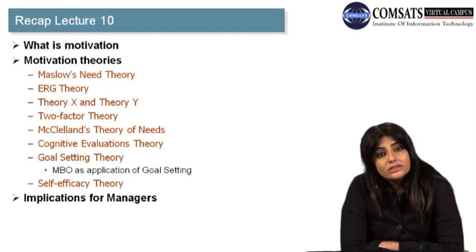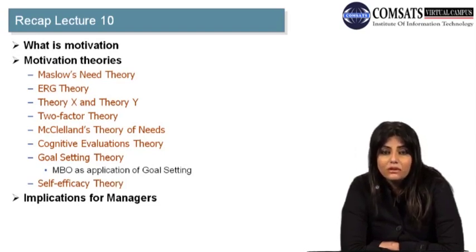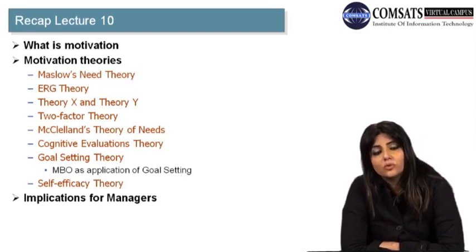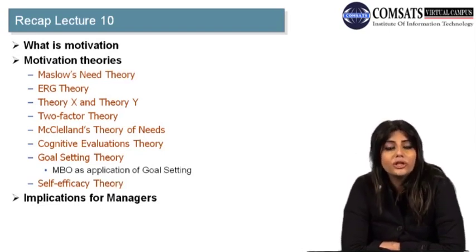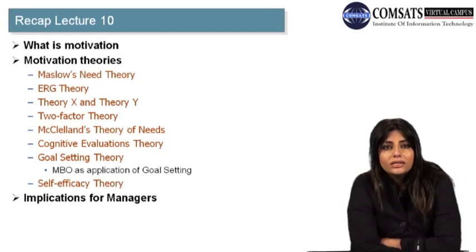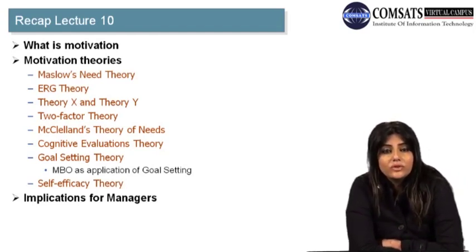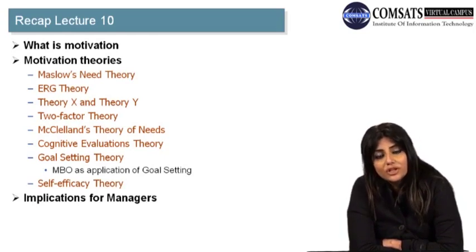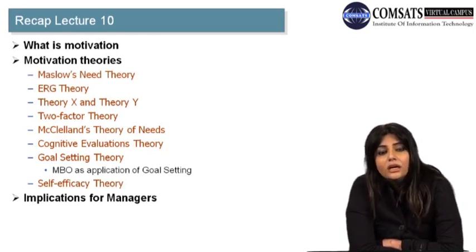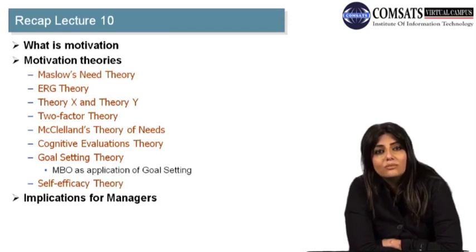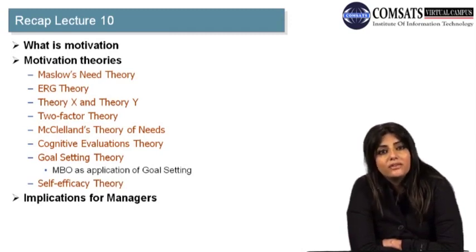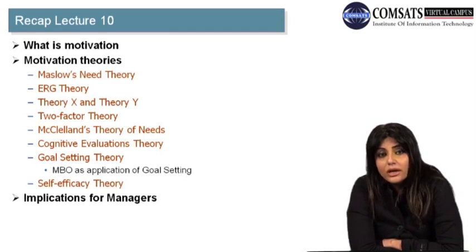The cognitive evaluation theory has gained a lot of popularity in the literature on management, human resource management, organizational psychology and organizational behavior. The theory divides motivation into intrinsic and extrinsic motivation, and explains how extrinsic motivation can undermine the intrinsic motivation of individuals.